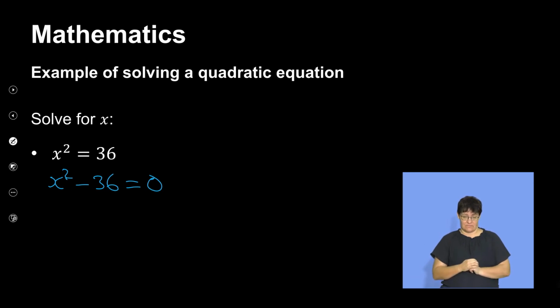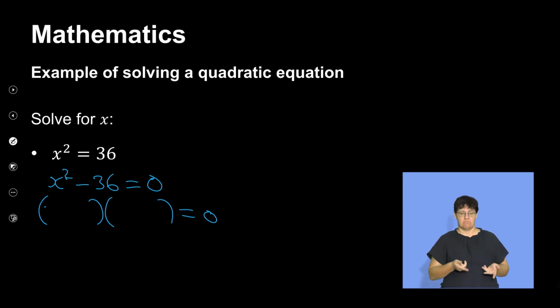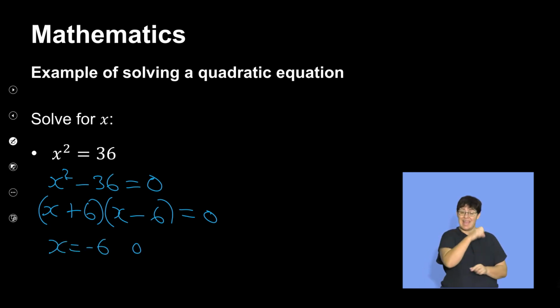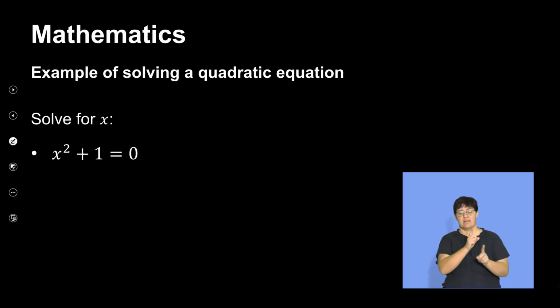And then x squared is a perfect square, 36 is a perfect square. So I can then factorize this using the laws of a perfect square. It becomes x plus 6, x minus 6, and then it's x is equal to negative 6, or x is equal to a positive 6, and those will be my two solutions.